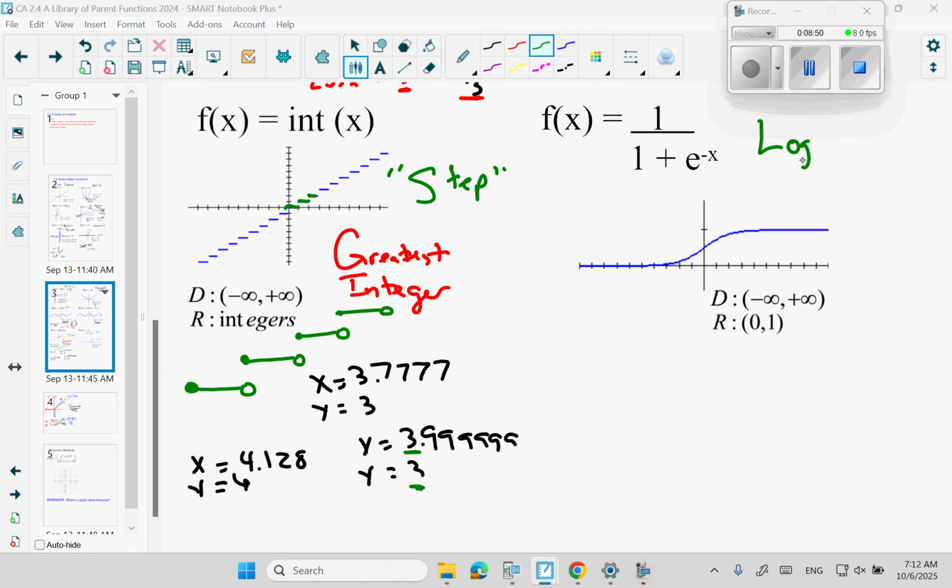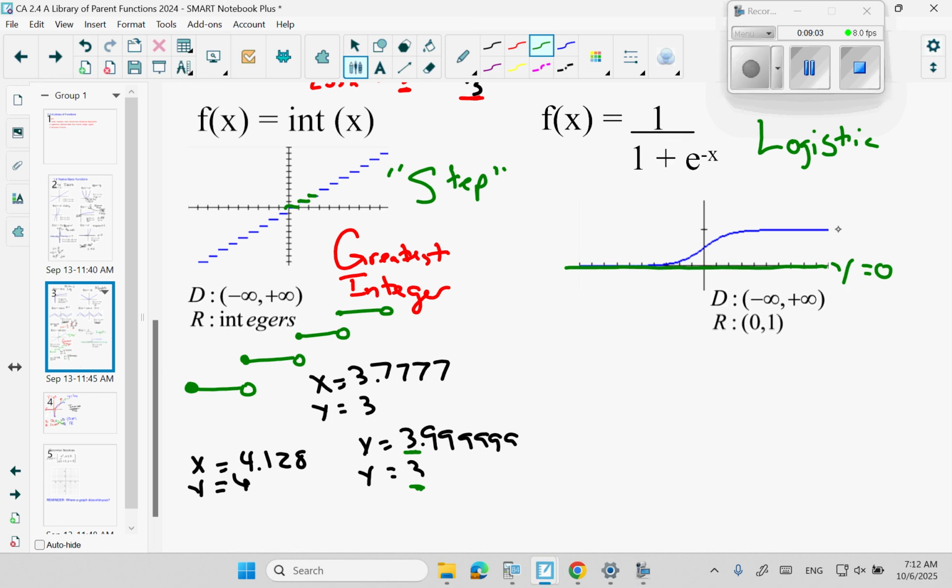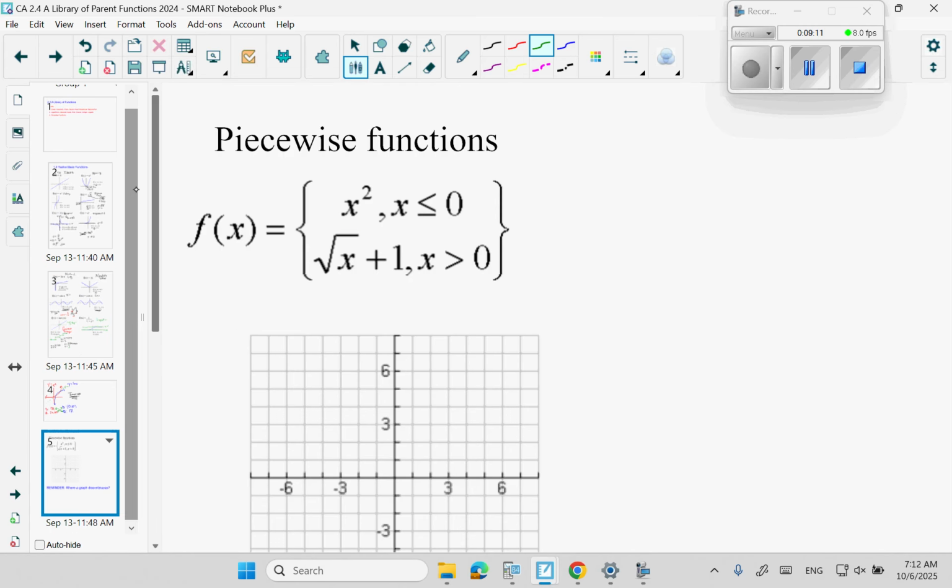And then here we have the logistic function. The logistic function is bounded at y equals 0 and y equals 1. Okay, piecewise. Piecewise functions, we're going to graph on our own here. We have two functions.